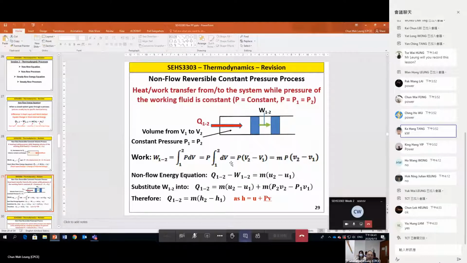However, if it is a perfect gas, then how to change PV? Using PV equal RT, the gas law. So PV2 equals RT2, and PV1 equals RT1.